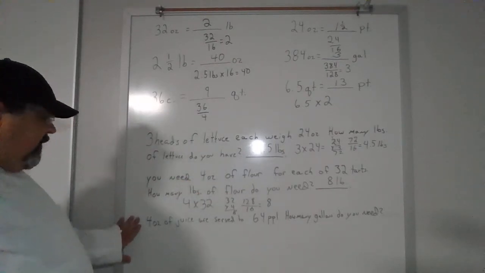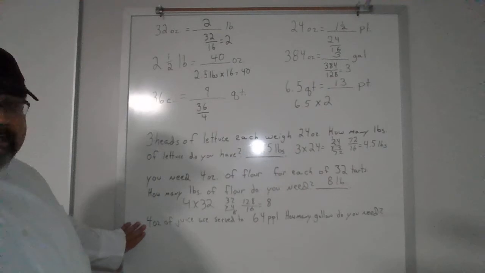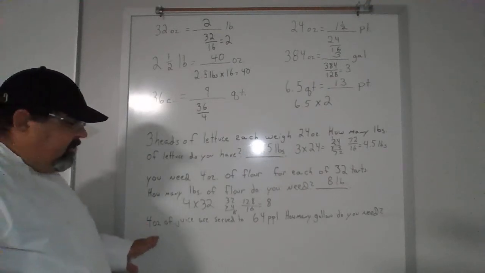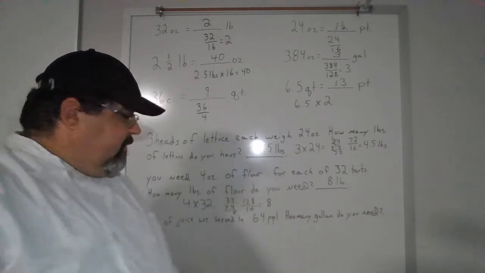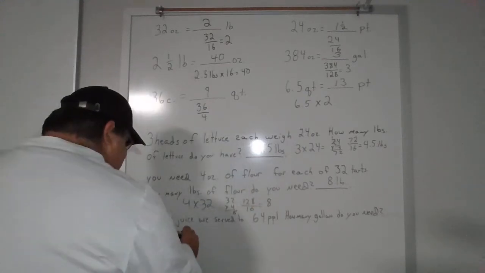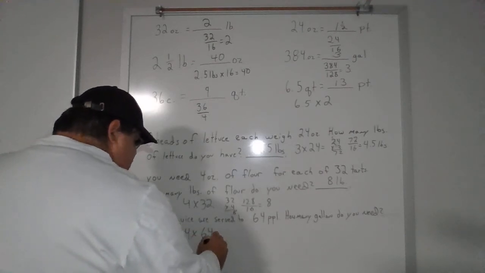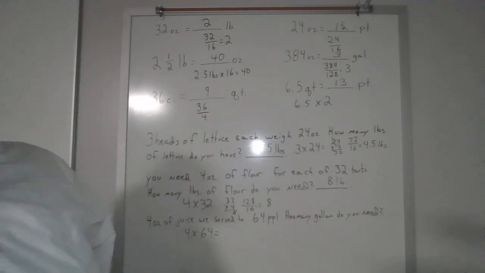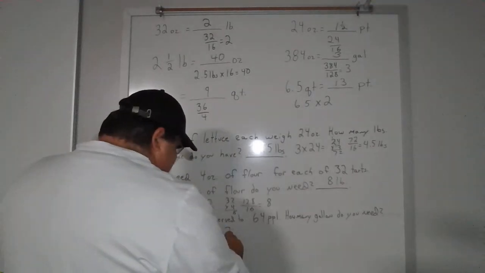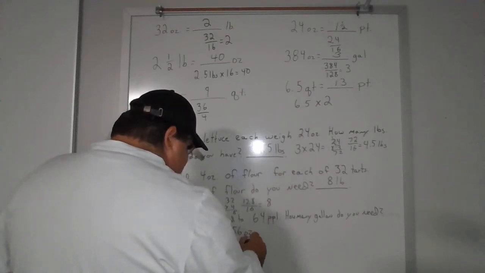The next one here is a little different. It deals with liquids. We are serving 4 ounces of juice, not a lot of juice, to 64 people. How many gallons do we need? So we're going to take 4 ounces times 64 people, and that is going to give us 256 ounces of juice.